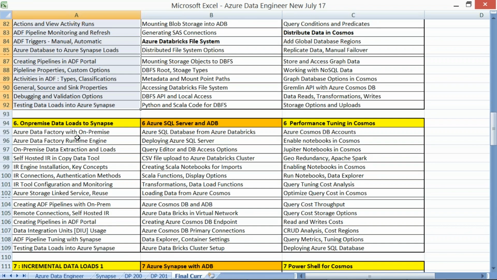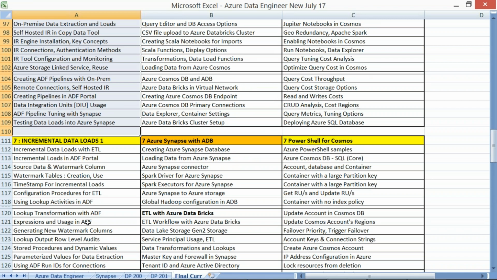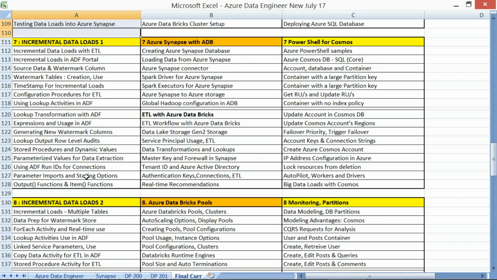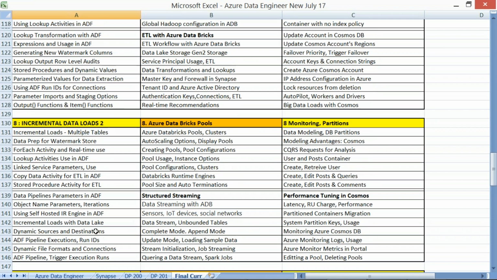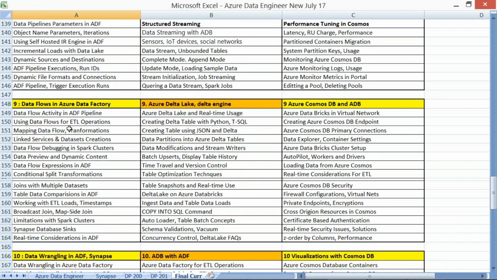And we need to understand on-premise, meaning non-cloud environment, to cloud environment data loads, incremental load activities, 2 different levels of incremental loads, and data flows.